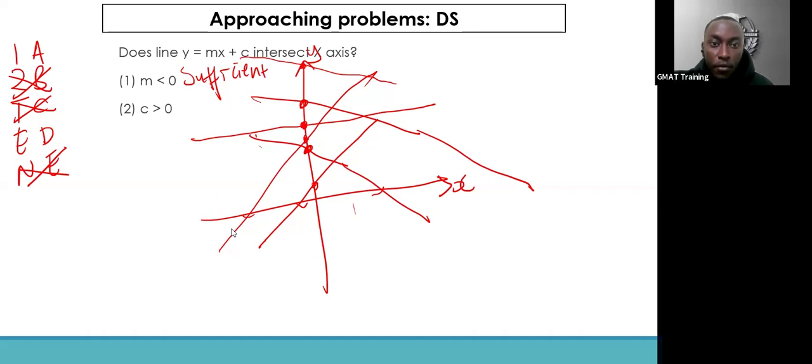So for a horizontal line, no, it will never intersect the x-axis, but for all these other lines, yes, they intercept the x-axis. So this is not sufficient. If it's not sufficient, then D is eliminated and you'll have A as the answer.